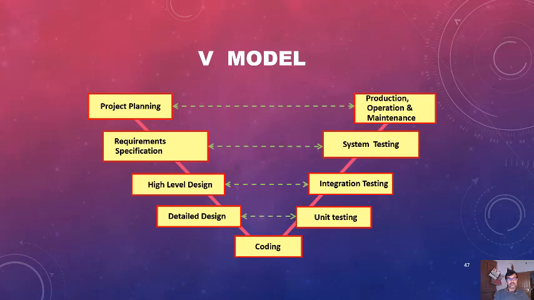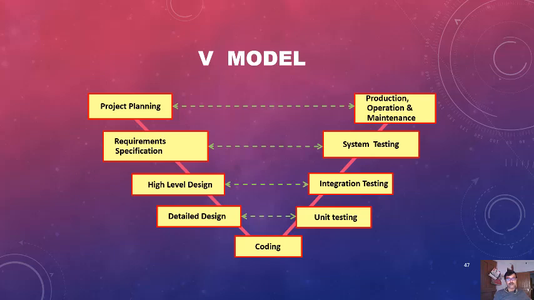So when requirement specification is going on, in parallel you can create this type of test cases. After finishing the product, you just run these test cases and check whether the output is as you expected or not. So when the development phases are going on, the testing phase is also going on in parallel.